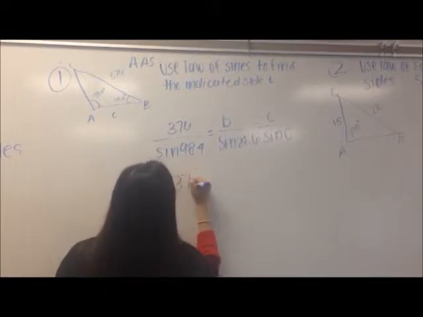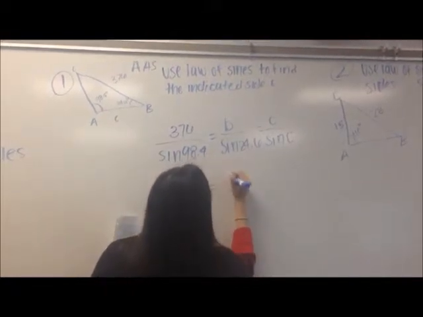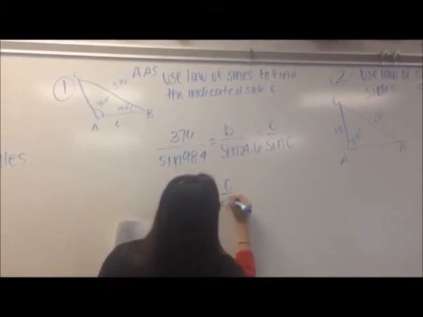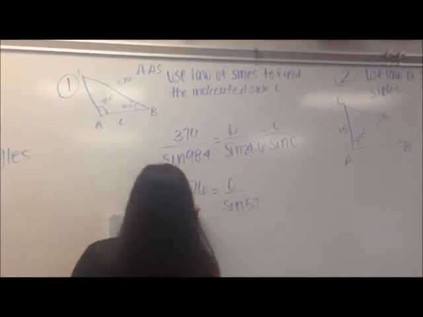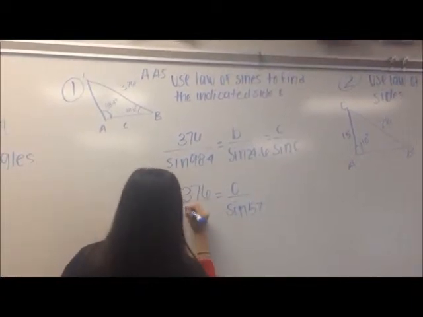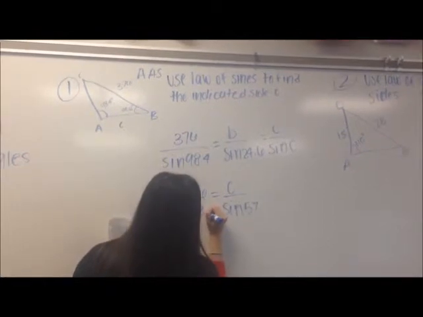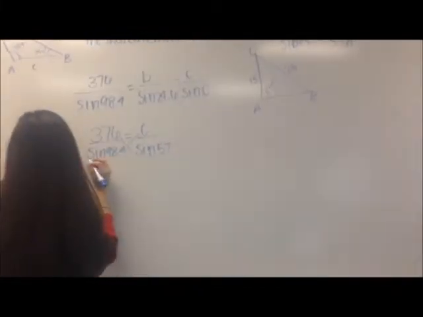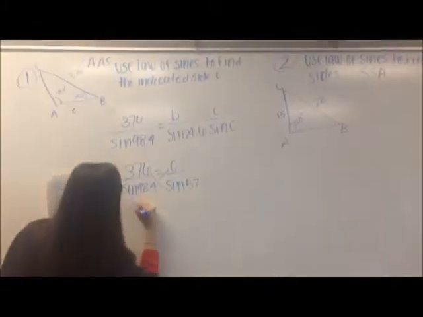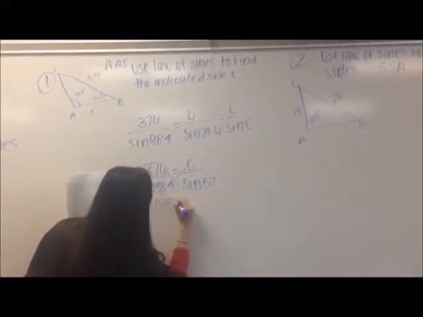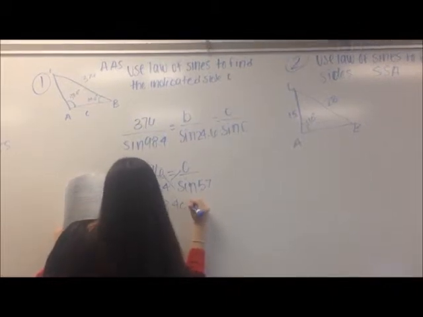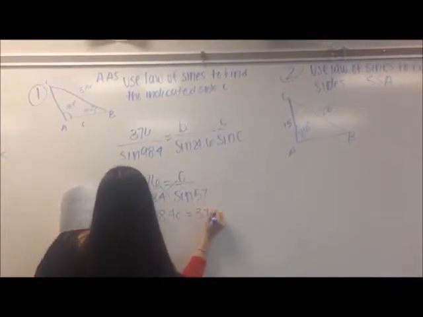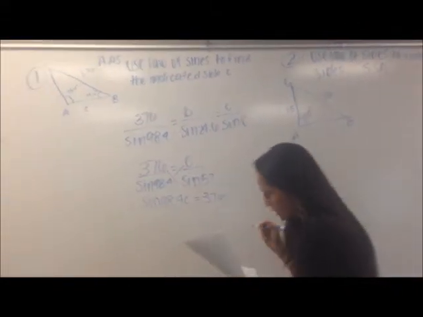And then you'll do 376 over sine of 98.4 is equal to little c over sine of 57. Then you're going to cross multiply, and it's going to be sine of 98.4 times little c is equal to 376 sine of 57.